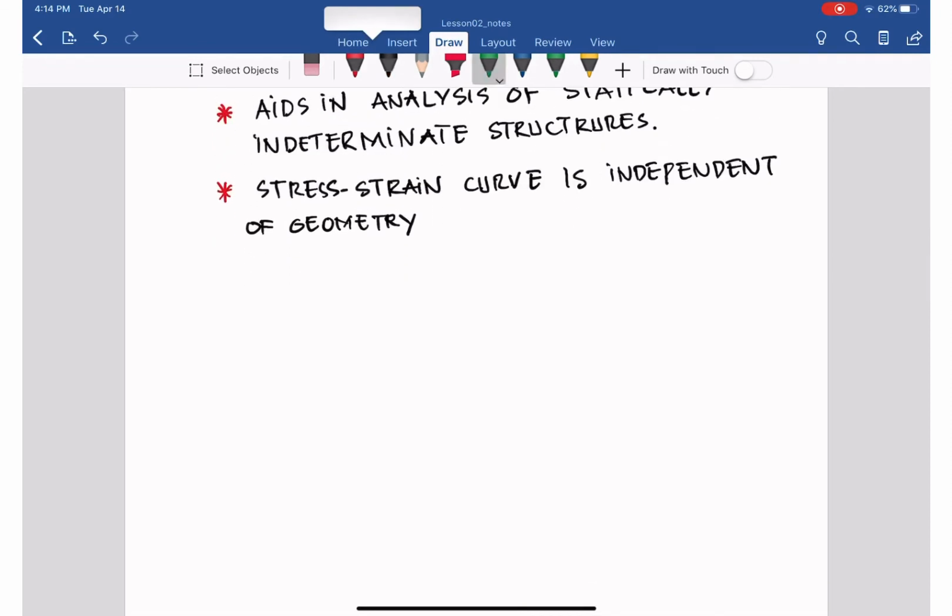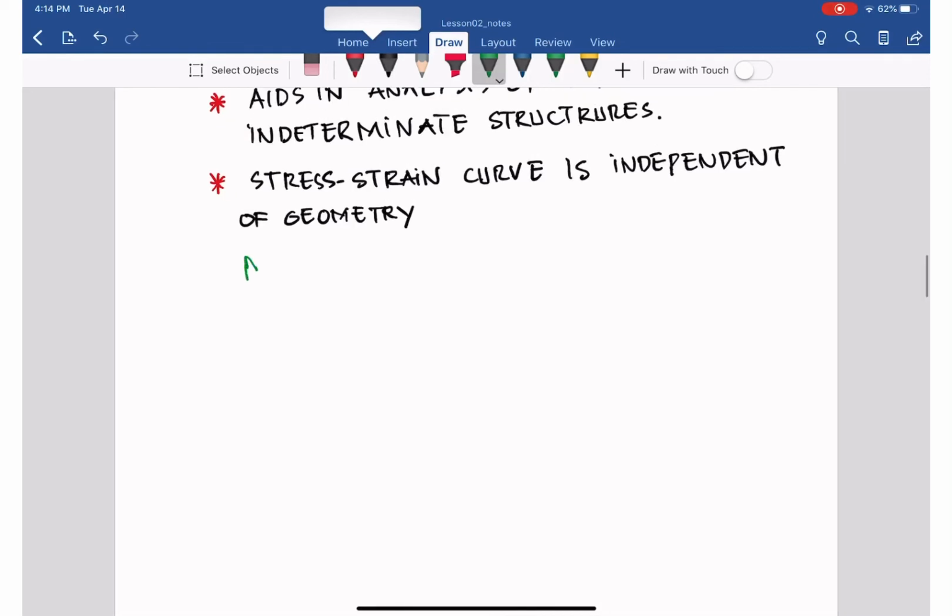So that is the normal stress and normal strain curve. What is the normal stress?